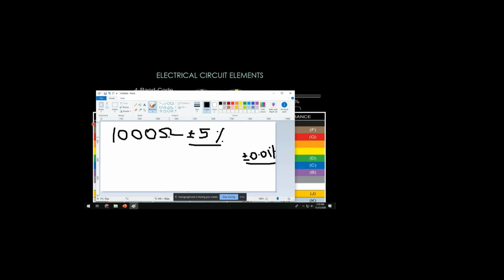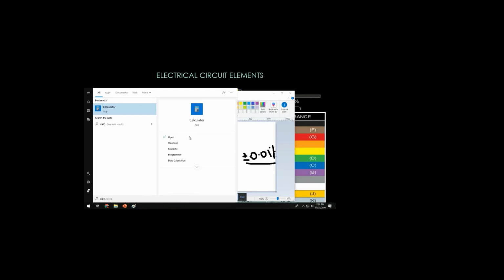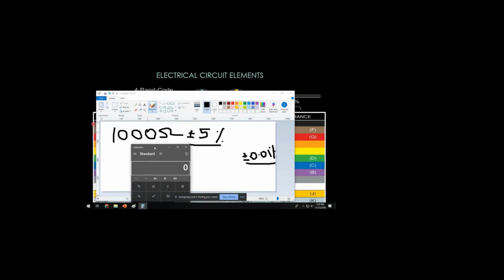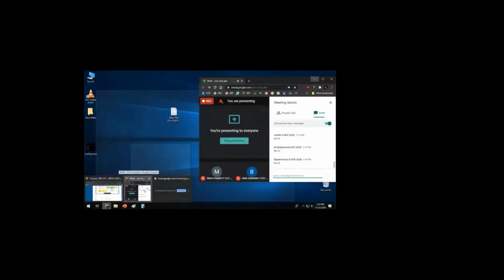First let us find what 5% of 1000 is. What will be 5% of 1000? Anyone can say? 50. 5% of 1000 is 50.